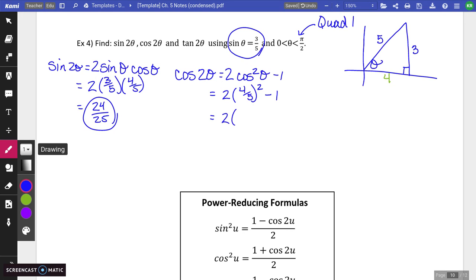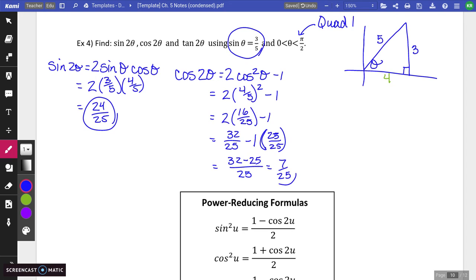So this will be 2 times 16/25 minus 1, so 32/25 minus 1. Again, I'm going to need common denominators, so I'm going to multiply by 25 over 25. So this is going to be 32 minus 25 over 25, or 7/25.